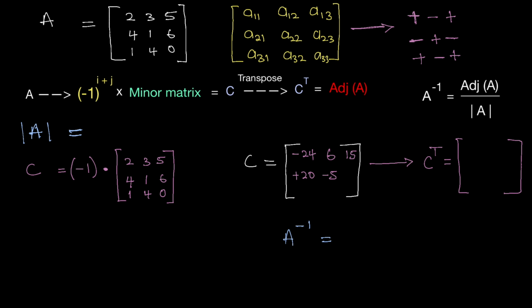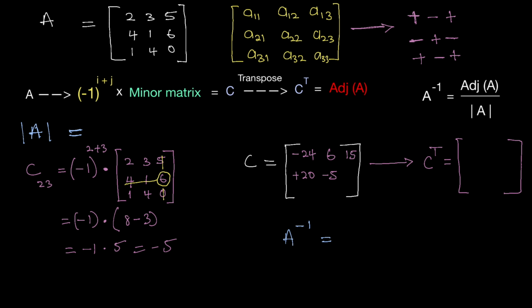Now I need to find element C23. That's 2 plus 3, which equals minus 1, because that's an odd power. The element is this, vertical line, horizontal line, times the minor matrix determinant, which is 4 times 2, 8, minus 1 times 3, 3. That will be equal to minus 1 times 5, which is minus 5.